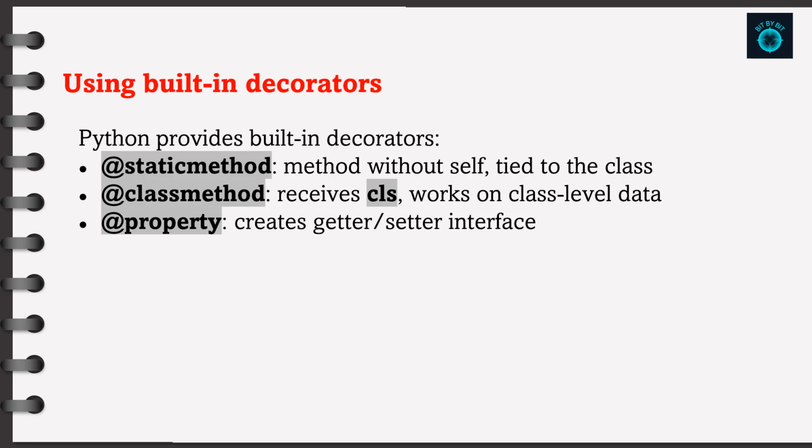This is useful when we want to work with class-level variables or create alternative constructors. The @property decorator is used to turn a method into a read-only attribute and can be extended with setter and deleter. Let's look at examples of all three in action.